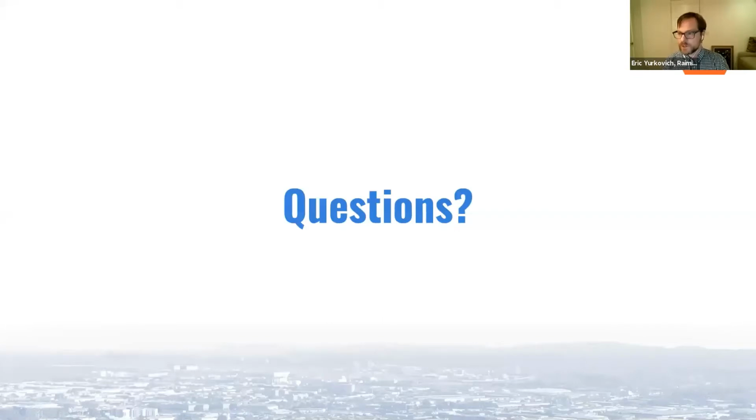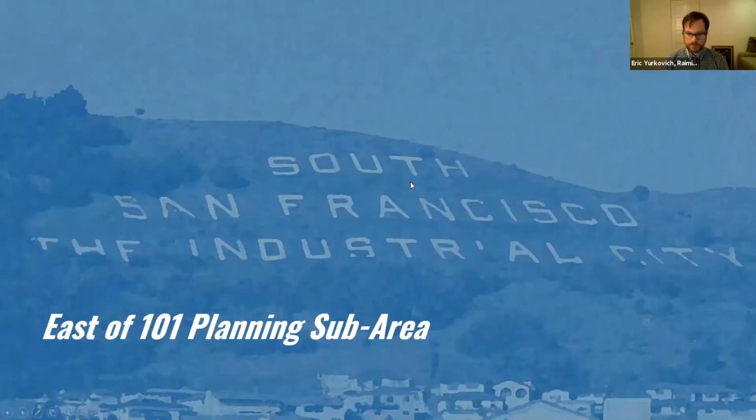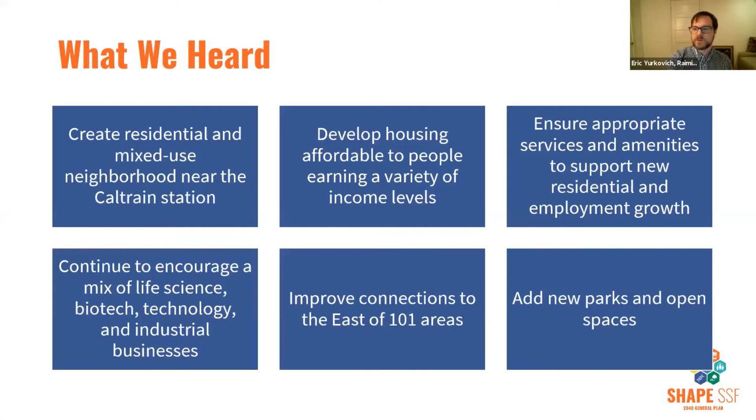All right, so with that, we'll move on to the next area, which is the East of 101 area. During the summer, during our engagement process through July and August, we heard a lot about the city as a whole, but specifically about several of the sub areas, and we held a meeting in the East of 101 area.